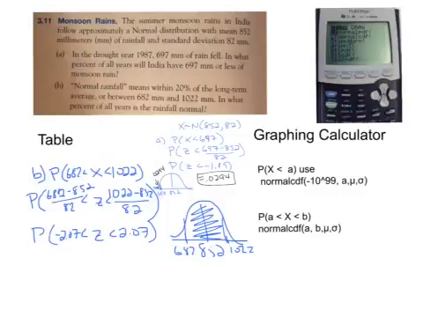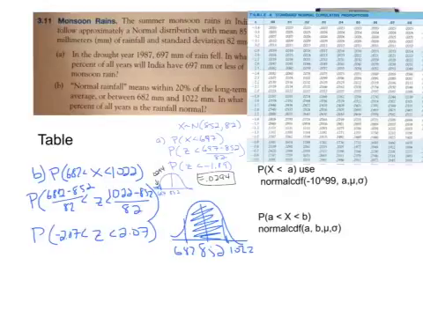This is a little bit different than the last example because I can't find this area in my table, so I'm going to have to be a little creative as far as finding the area between the two. In this table you'll see that I have negative 2.0, and then I need my 7, so I'm looking at the 0.0192.